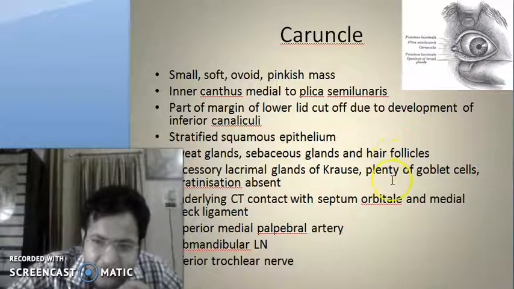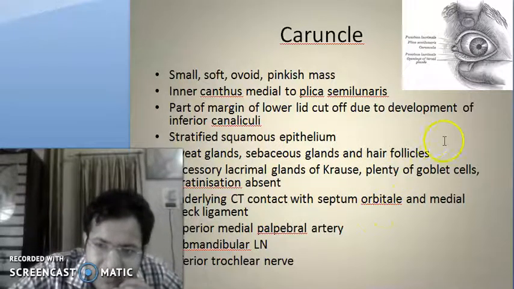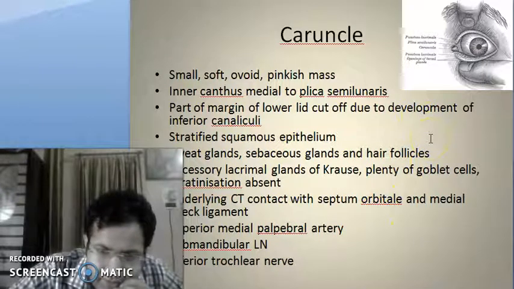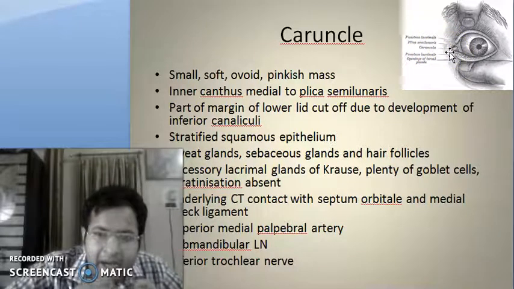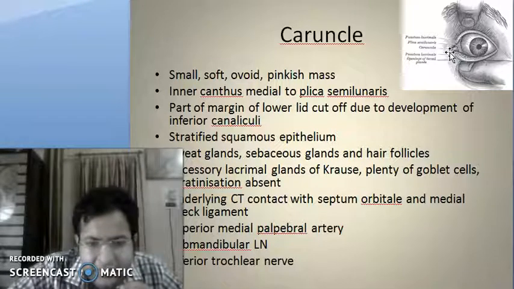The connective tissue underlying the caruncle is in contact with the septum orbitale, that is the orbital septum, and the medial check ligament. And what is the blood supply of a caruncle? It is the superior medial palpebral artery.